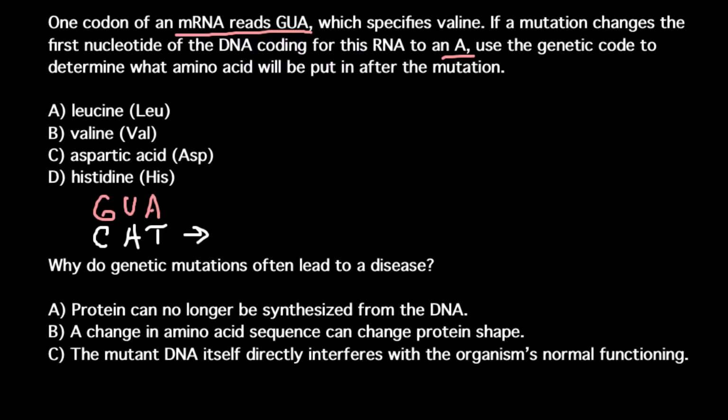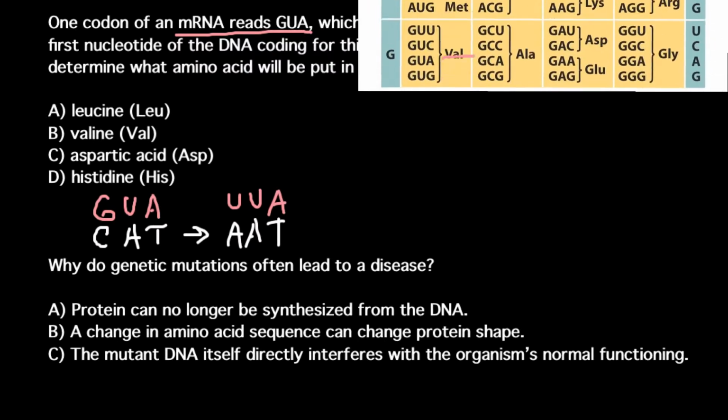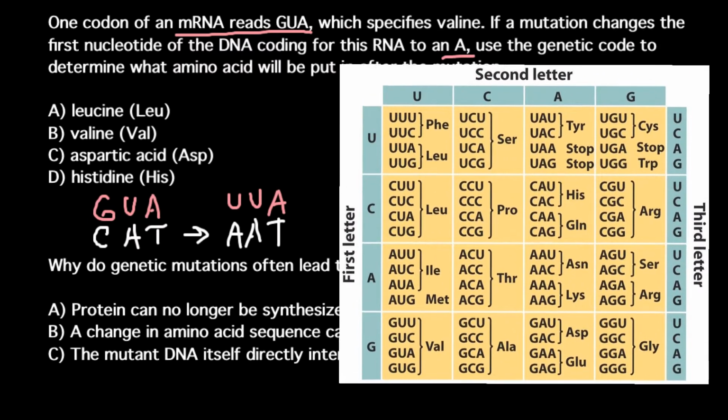The new DNA sequence would be A, A, T, and the new sequence of the messenger RNA would be U, A, A. And now we need to use a codon table, and here is a codon table.